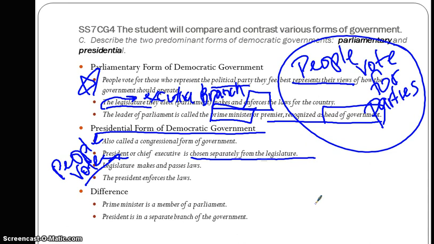We don't elect them together. The president is not part of the legislature in the United States. They're totally separate. In a parliamentary form of democracy, the prime minister is part of the legislature. If you need to play this back over a couple of times to get this in your head, take some notes, do so.